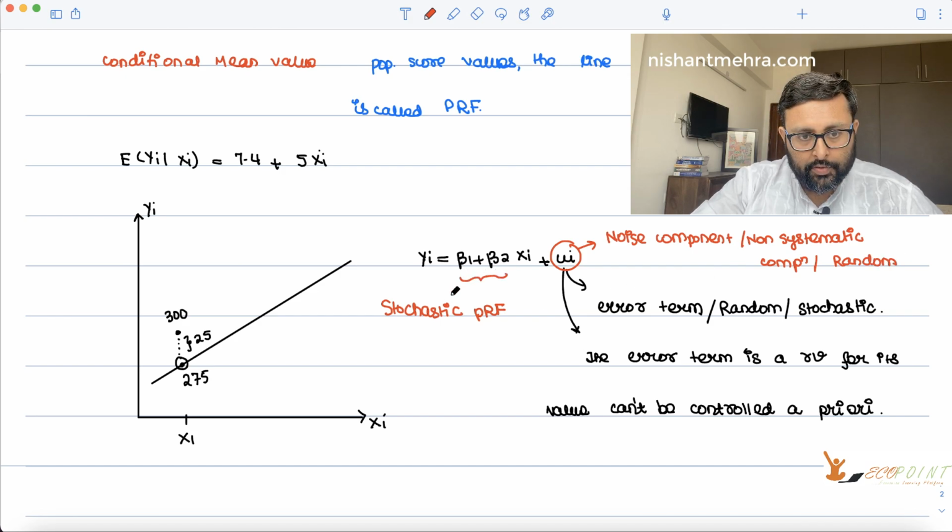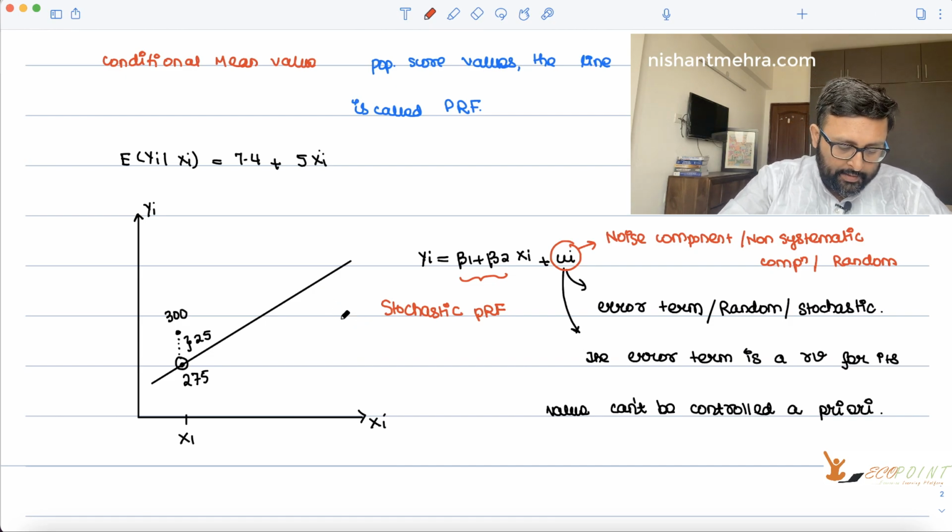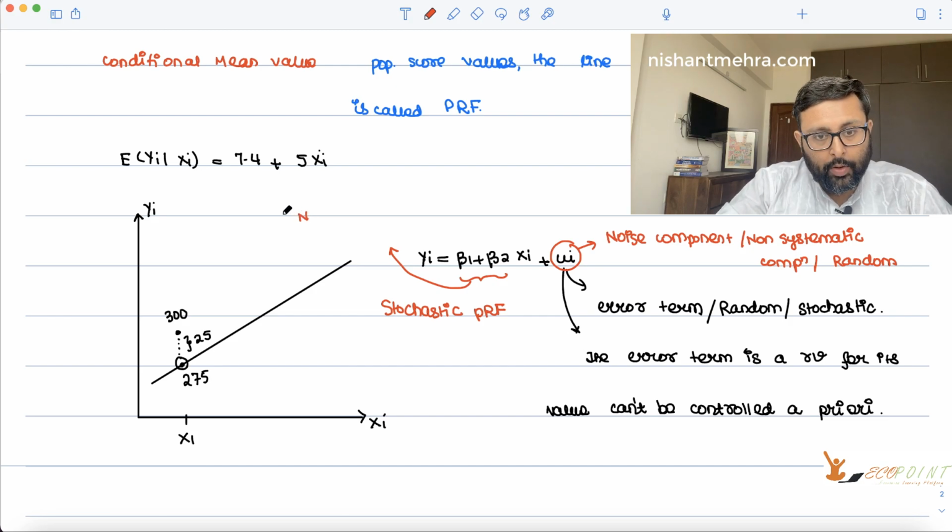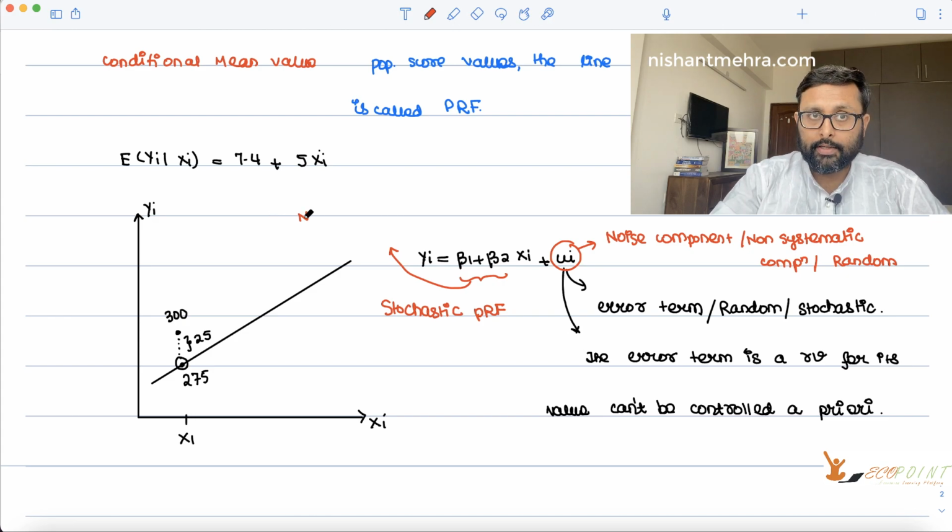And this is the systematic component or non-stochastic: beta 1 plus beta 2 xi is non-stochastic, ui is stochastic. When you add the stochastic component to the non-stochastic, the entire thing is called the stochastic PRF.